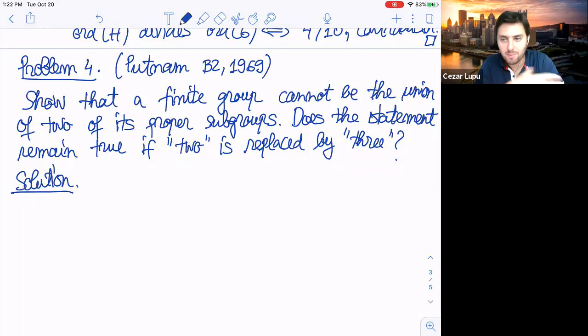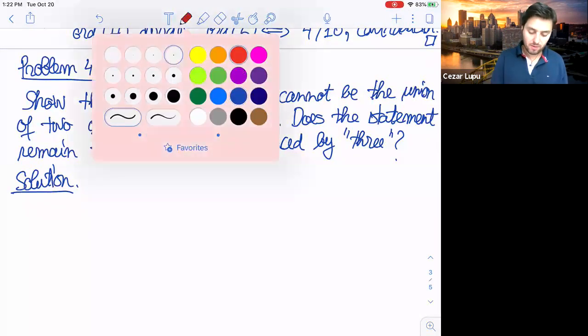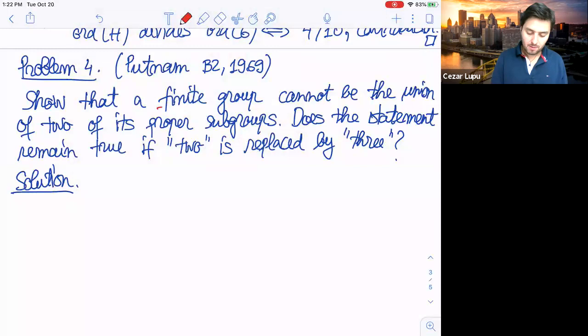So you have to come up with an example maybe. Let's see. So how would you approach this? And keep in mind that the group is finite. This is a very important piece of information. The group is finite.